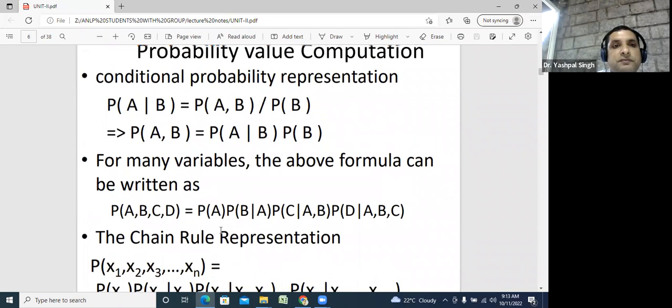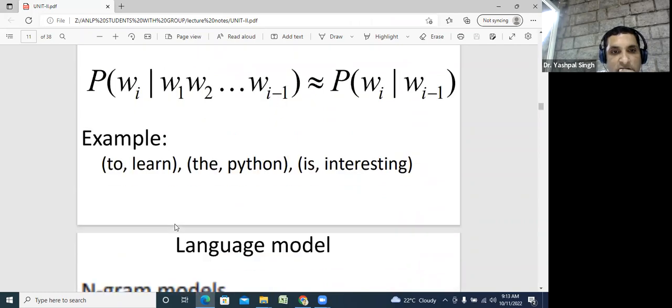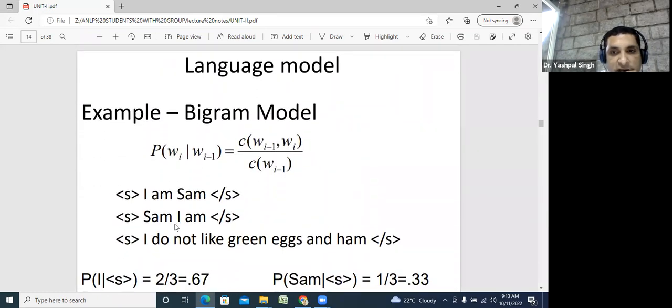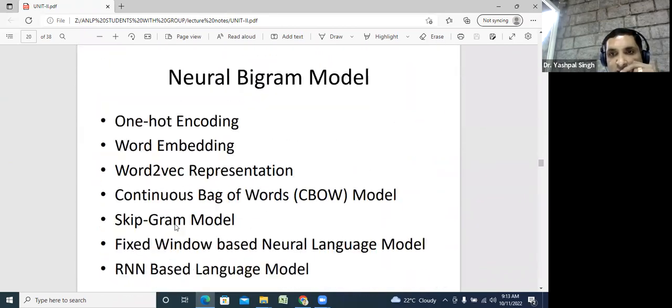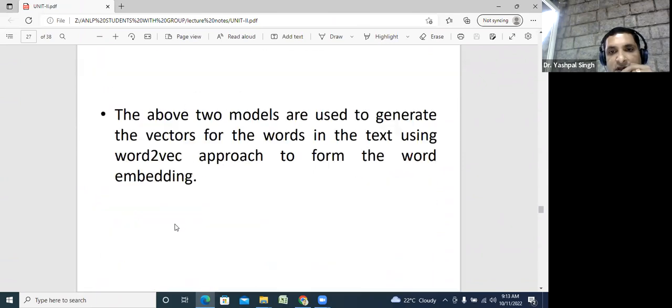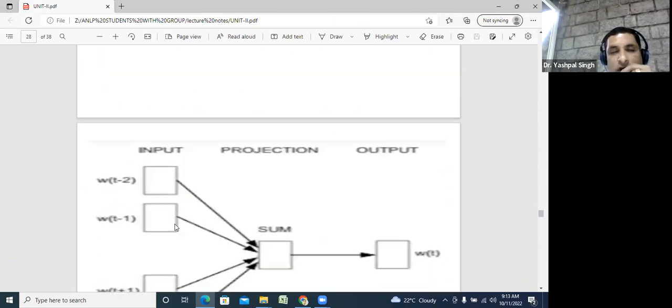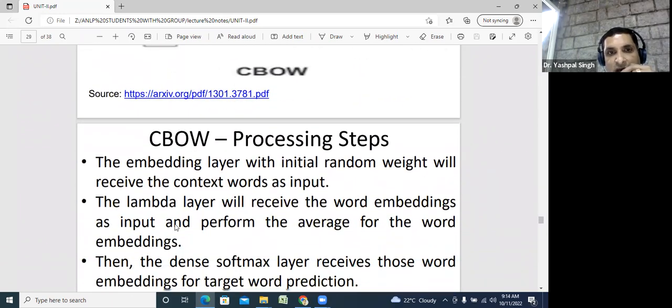The probabilities that we used for this, the probability of A, B, C, D, the same thing we are deploying, but instead we have the positive inputs, and we compare with t minus 1 to t minus n, and t plus 1 to t plus n.